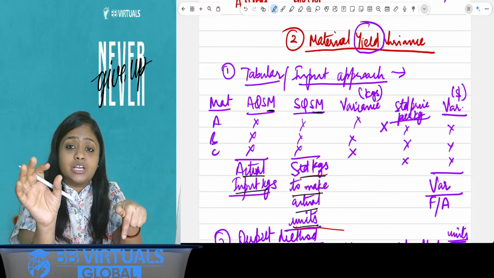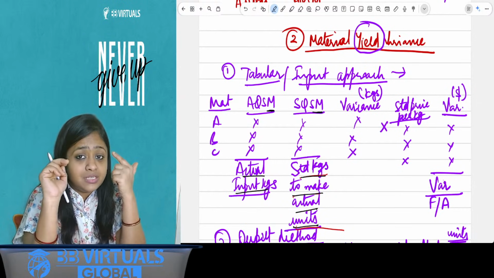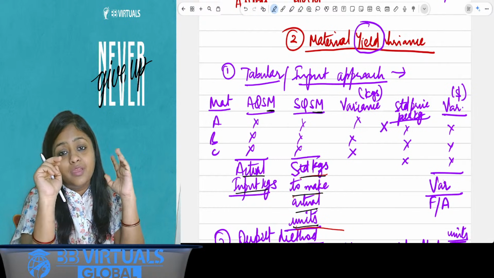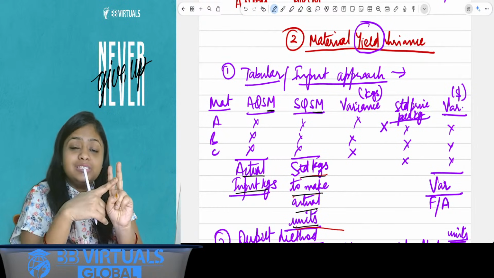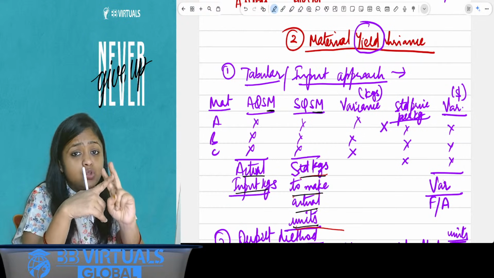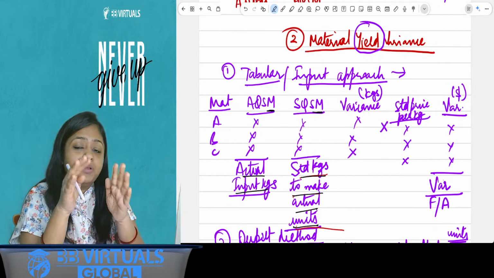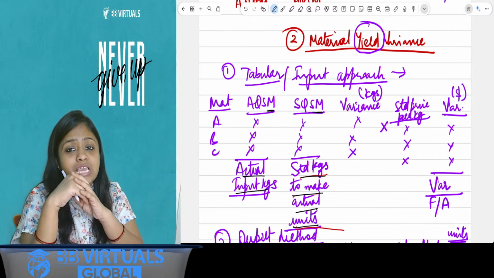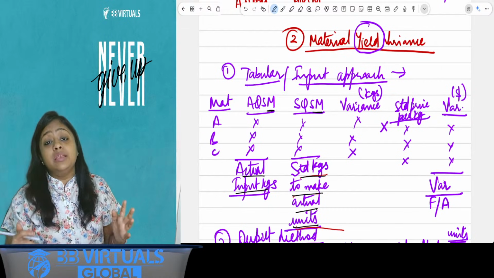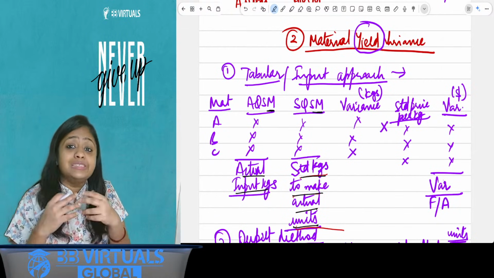Number two, what is the input that we have actually used to produce the output? Now you compare between the two and multiply them with the standard cost per kg and you get your yield variance. Clear? Focus always on the term that is asked in the exam.